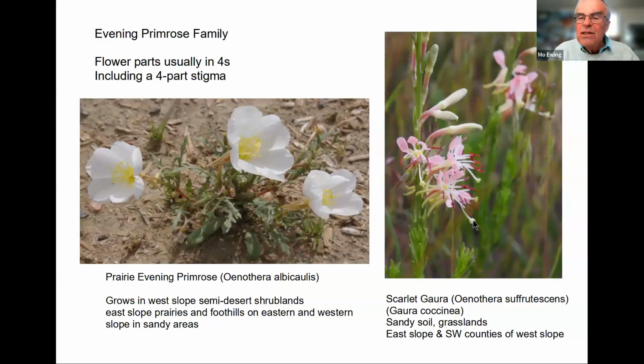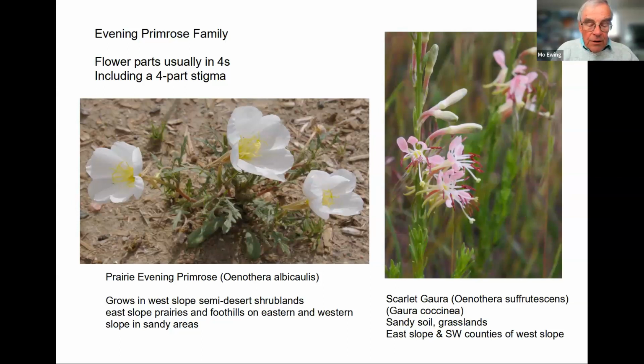And then you can see the stigmas out here on this one, 1, 2, 3, 4. This is evening primrose, Oenothera albicaulis. It grows in the west slope semi-desert shrublands, east slope prairies, and foothills on the eastern and western slope in sandy areas. So this is a plains plant.